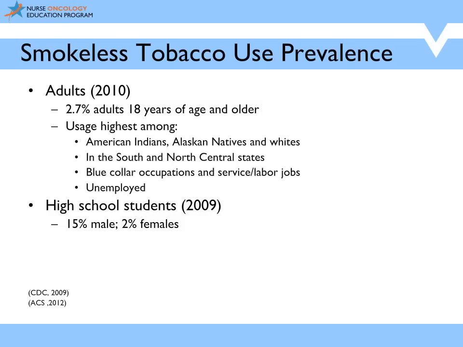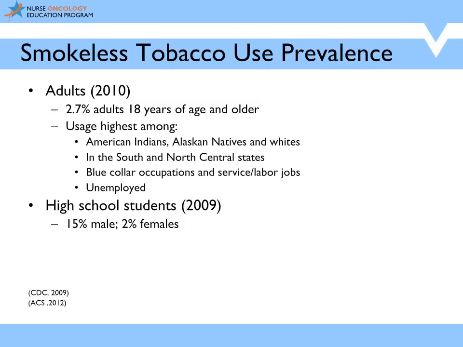In 2010, 2.7% of adults 18 years of age and older used smokeless tobacco products. American Indian, Alaska Natives, and whites were more likely to use smokeless tobacco than African Americans, Hispanics, or Asians. Nationwide, in the high school populations, 15% of males and 2% of females used chewing tobacco, snuff, or dip in 2009.